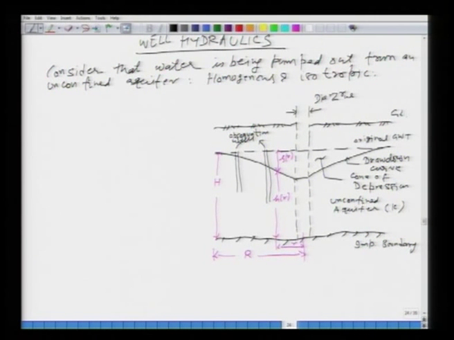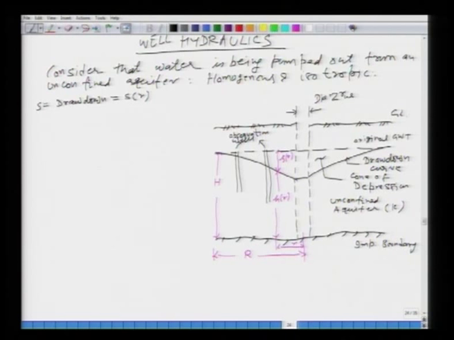What we are saying here is that S is actually called the drawdown. Drawdown is the lowering of the water table as a result of the pumping. Originally it was horizontal, and then after some time the water table has gone down in the aquifer. This will be a function of the radial distance.